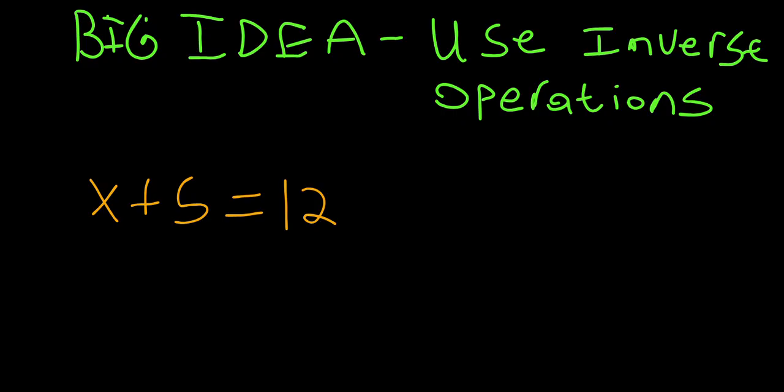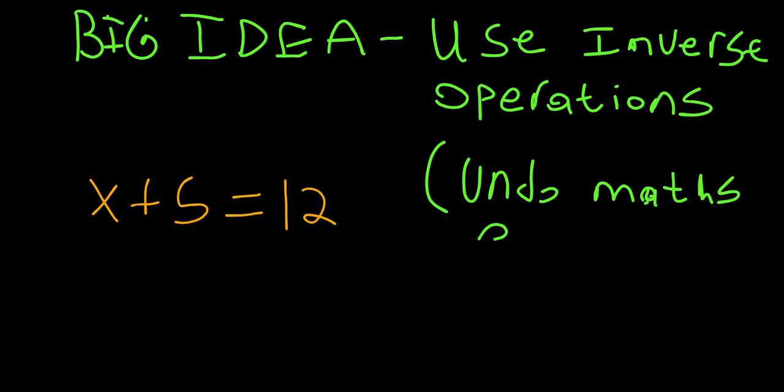And using inverse operations is just a fancier way of saying undo math, or arithmetic. Really what you're undoing is arithmetic. And we'll fill in the blanks on the rest of that. So now I'm telling you that the big idea is to use inverse operations.